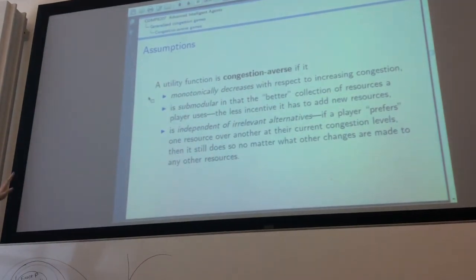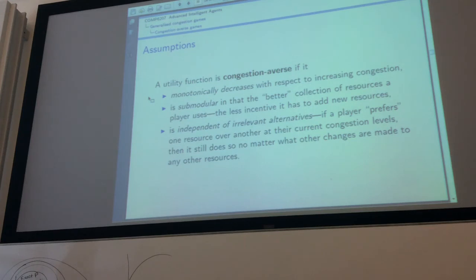It has its particular context, but the idea is the better your strategy is, the less is your incentive to add resources. The higher you are, the slower you grow. But here, in the sense of the better collection of resources you have in use already, the less is your incentive to add one more resource to what you have. We will define it formally, but that's pretty much the idea.